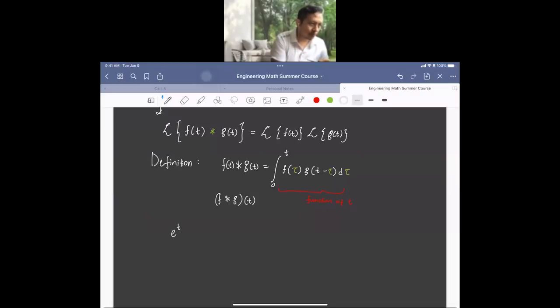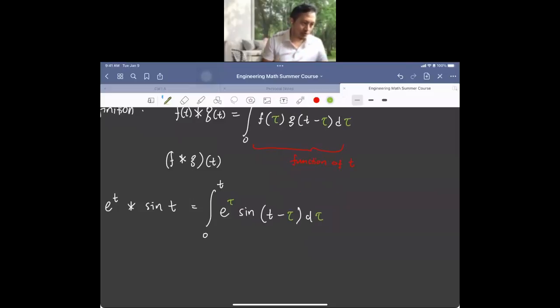If we want to write e to the power of t convoluted with sine t, this is basically the integral from 0 to t of e to the power of tau, our dummy variable, and then sine of t minus tau, d tau.